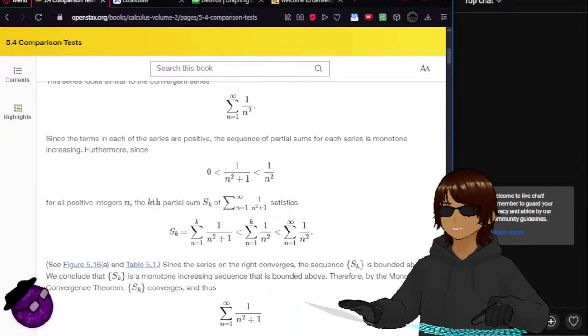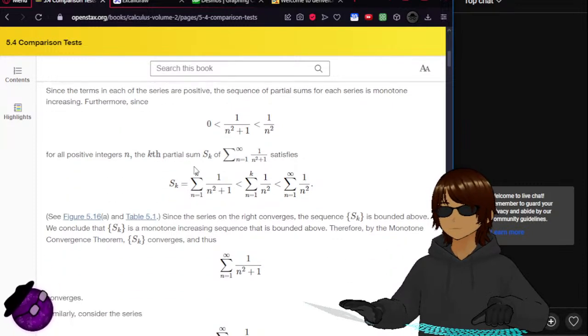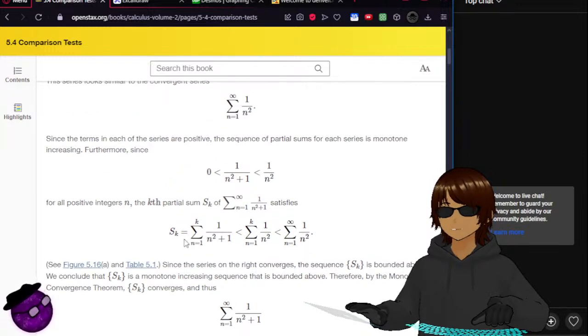Furthermore, since 0 is less than 1 over n squared plus 1, which is less than 1 over n squared for all positive integers, the kth partial sum S_k of the infinite series satisfies this inequality.